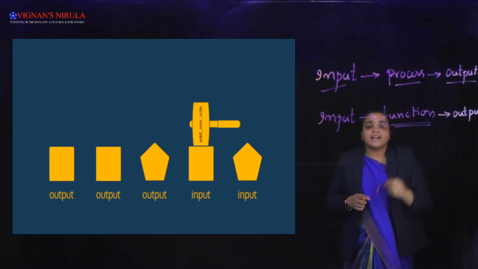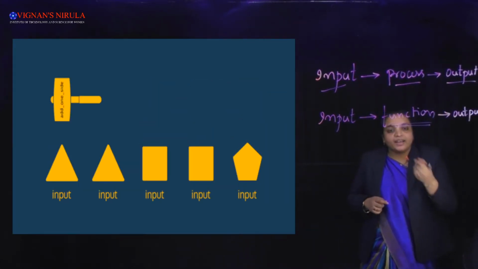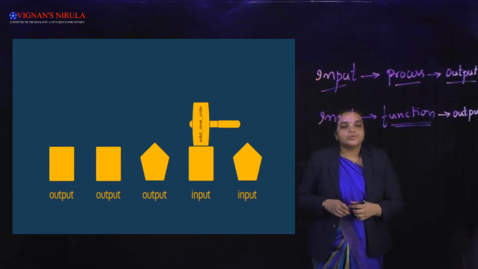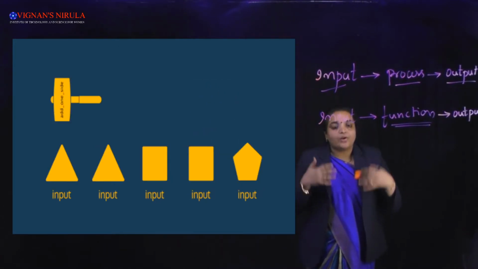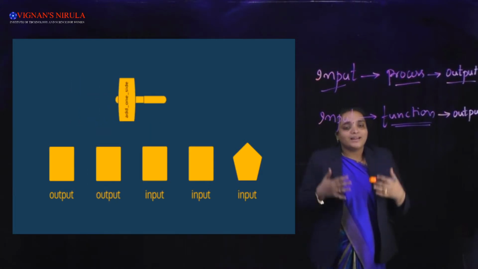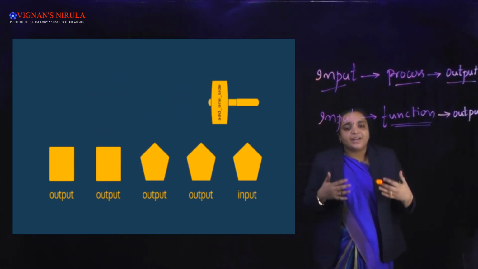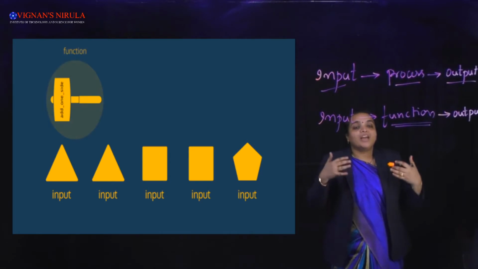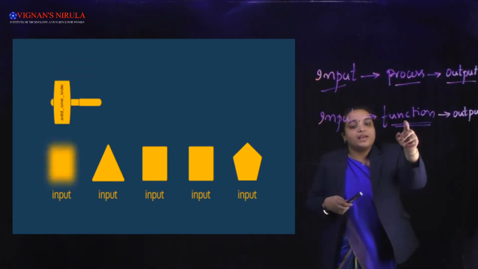So what is the necessity of creating a function? We generally write a function for reusability of code. To avoid writing the same code repeatedly in your program, we use a function.